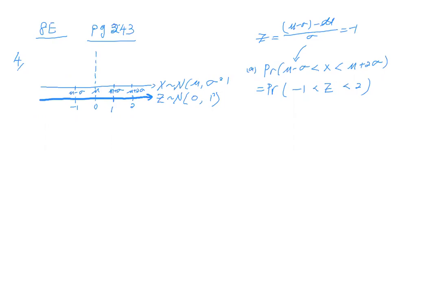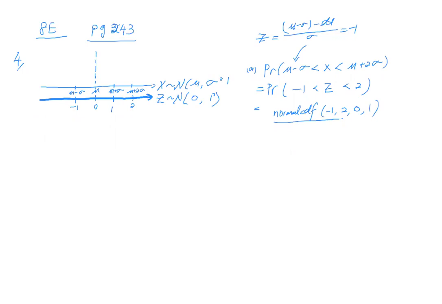So can you please do B? And you want to find the probability, go ahead and find. You use normal CDF: -1, 2, 0, 1, because it's a z-score.